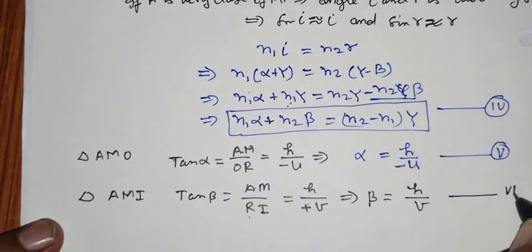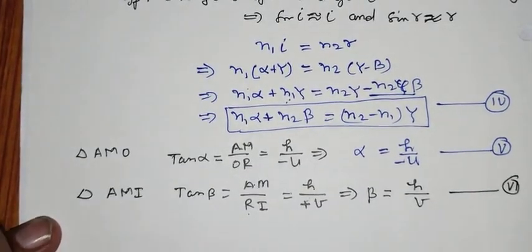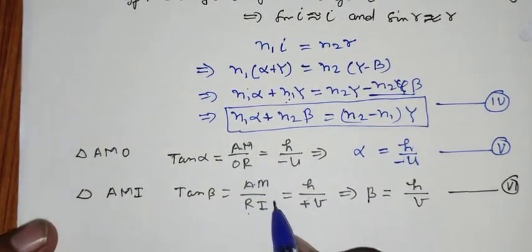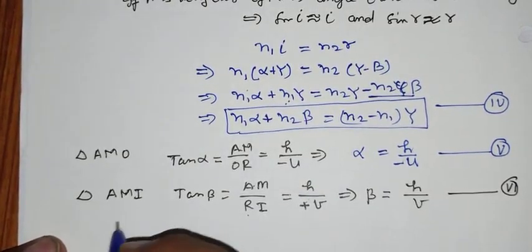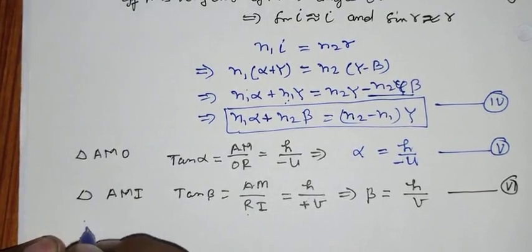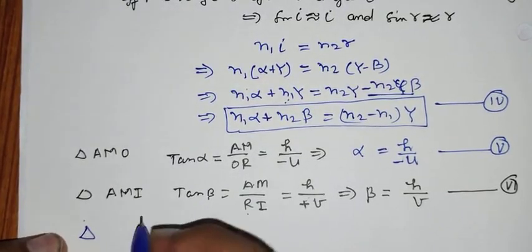Equation number 6. Finally, we obtain the value of gamma in triangle AMC.